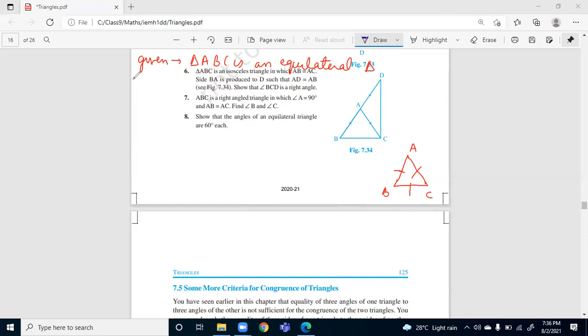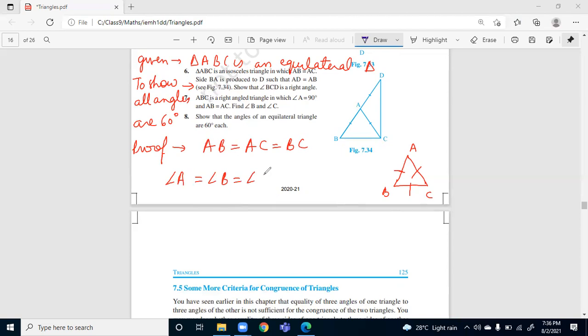Now what to show? All angles are 60 degree. So I can say AB is equal to AC is equal to BC. Therefore, angle A is equal to angle B is equal to angle C.